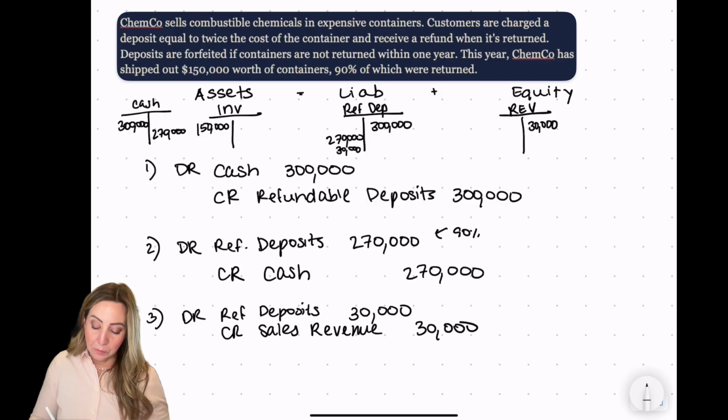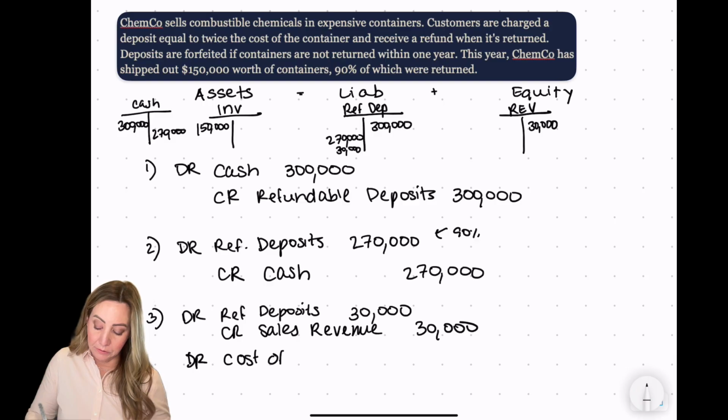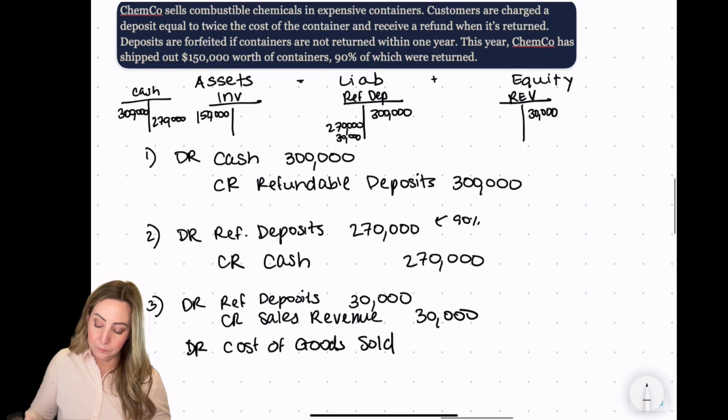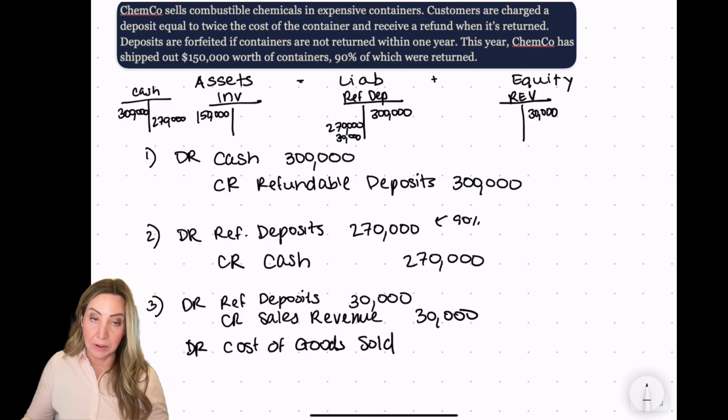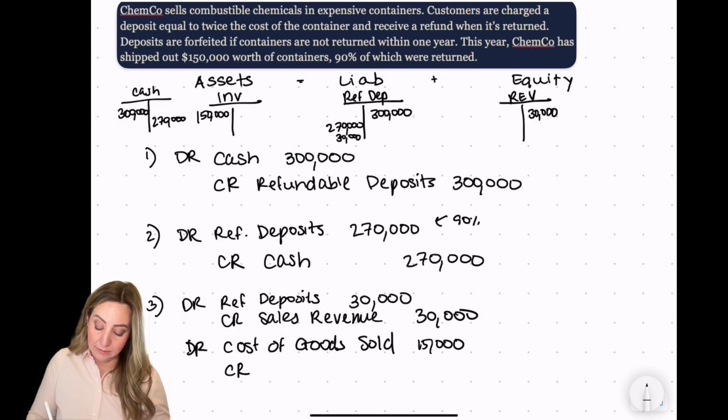But we also need to record that we no longer have these containers. So we're going to debit cost of goods sold for the half of the cost of these containers that were never returned. So 15,000, that's half of that cost, or half of the sales. And we'll credit here the inventory account.